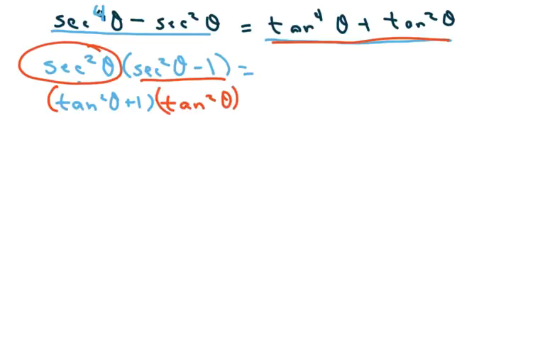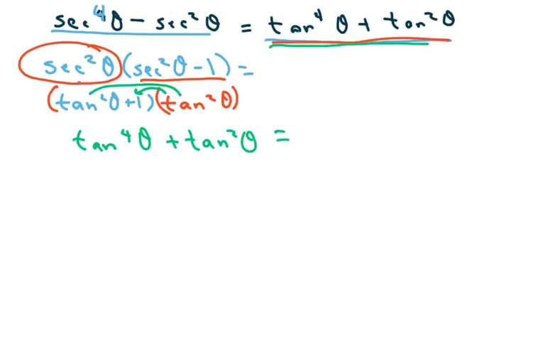So there's my two substitutions. Now I'm going to go ahead and distribute, and I get tan to the fourth of theta plus tan squared of theta, which that's what it equals. So I'm just going to write it again. Tan to the fourth of theta plus tan squared of theta.